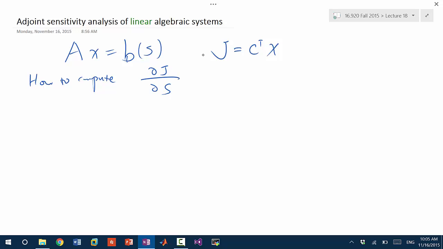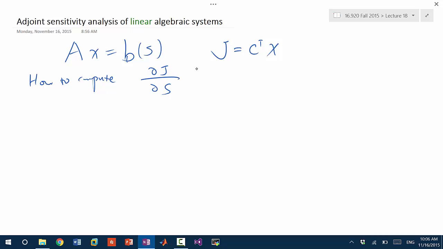So how do you compute the derivative of a handful of quantities with respect to a set of design variables, which is usually much higher dimensional? Right? If it's the geometry of an airplane, you can imagine it's a huge set of design variables. You can change essentially anywhere on the airplane or on the rocket that can affect your quantity of interest.